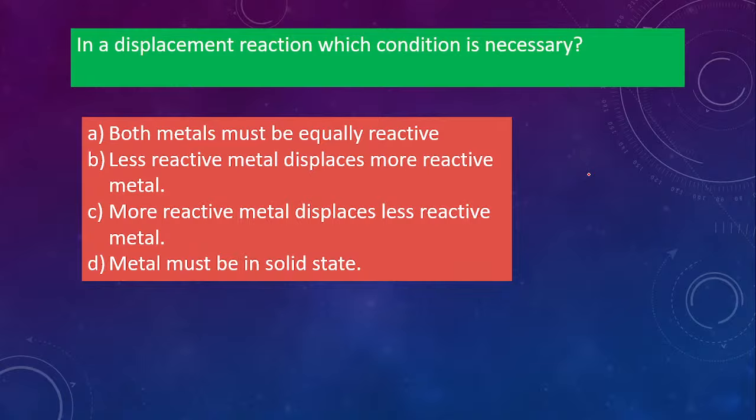In a displacement reaction, which condition is necessary? Option A, both metals must be equally reactive. Option B, less reactive metal displaces more reactive metal. Option C, more reactive metal displaces less reactive metal.